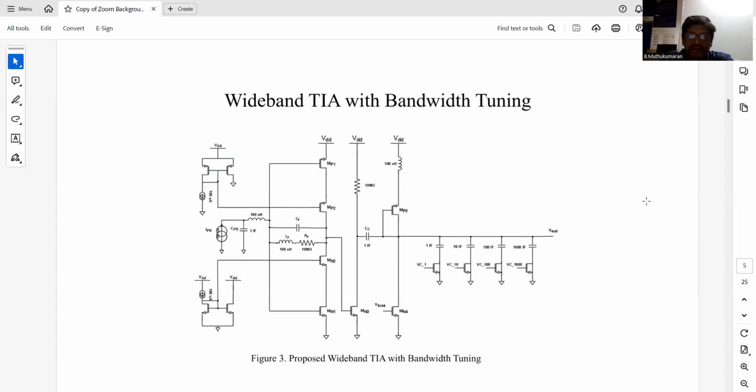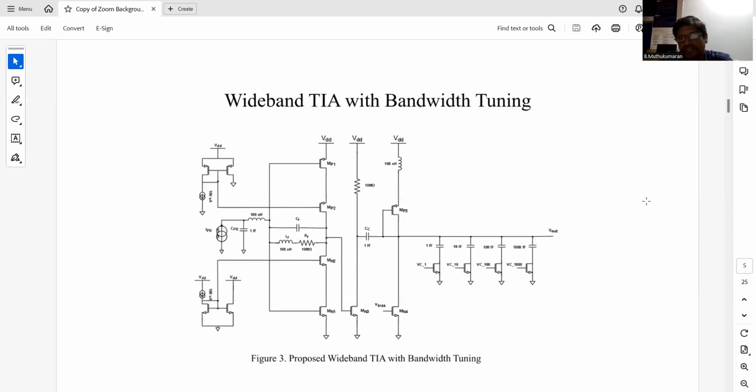On the output side, we have 4 stages of capacitor bank: stage 1, stage 2, stage 3, and stage 4. Stage 1 is designed with a 1 femtofarad capacitor, stage 2 is 10 femtofarad, stage 3 is 100 femtofarad, and stage 4 is 1000 femtofarad.